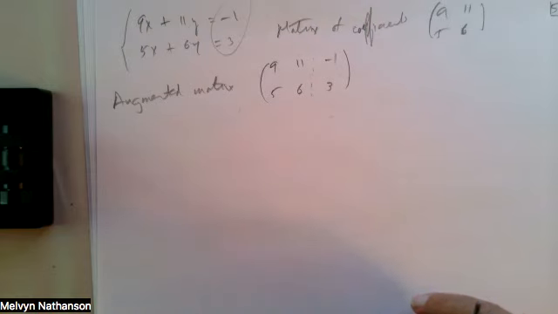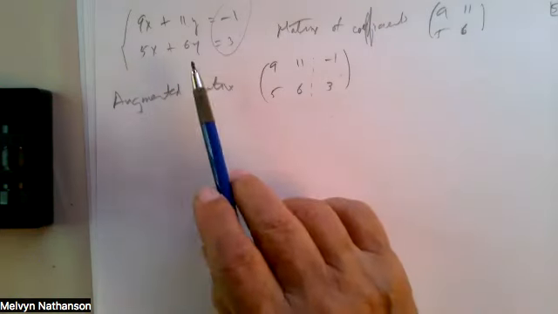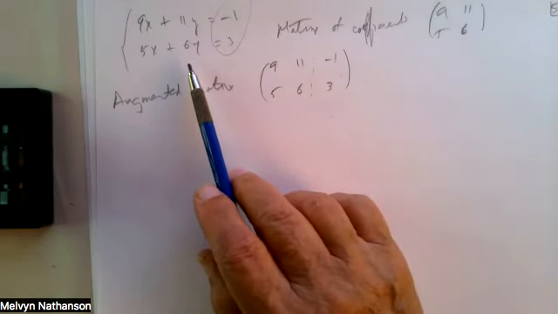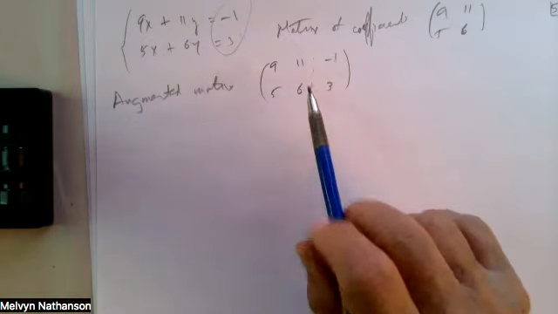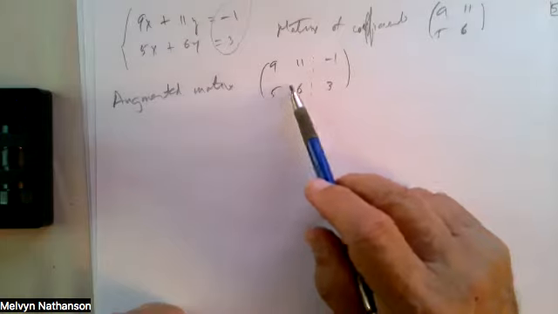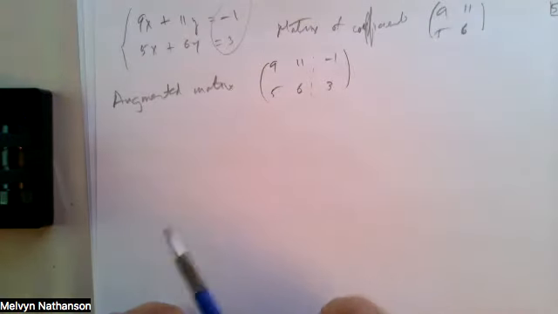And the equivalent of Gaussian elimination, when we're dealing with the matrices associated with the system of equations, is to solve the system by putting the augmented matrix in reduced row echelon form using elementary row operations.